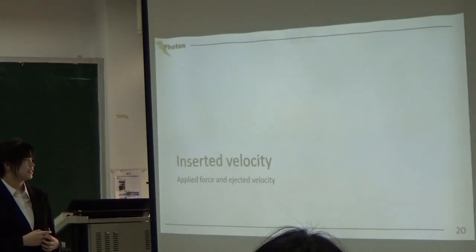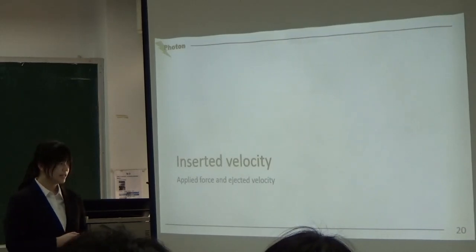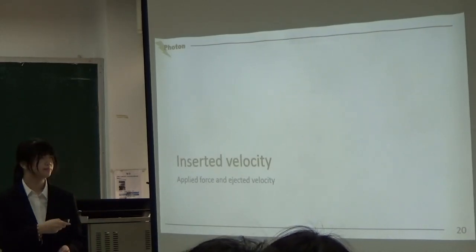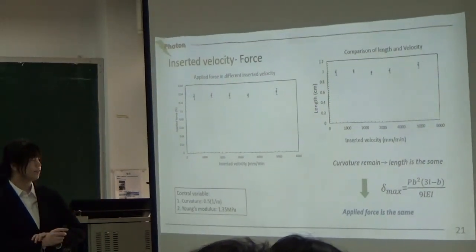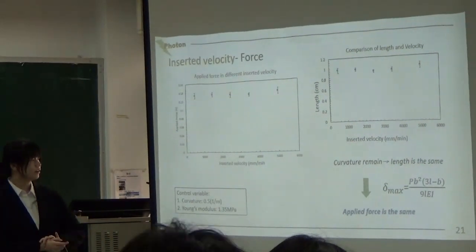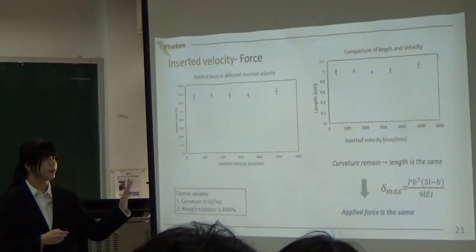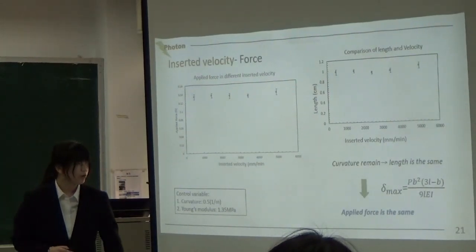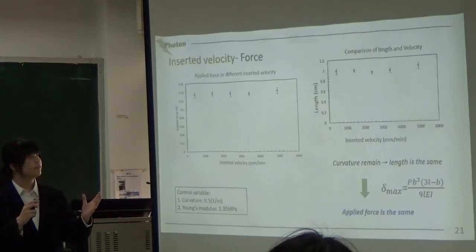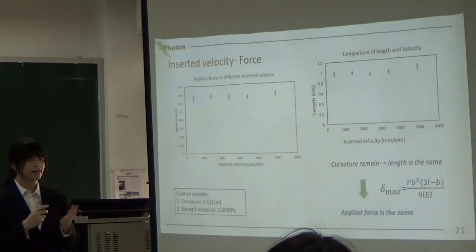And here is the inserting velocity, about applied force and the ejecting velocity. So this is inserting velocity about force. We can see that when the insert velocity increases, the applied force and the length are the same, because the velocity does not change the curvature and the diameter.